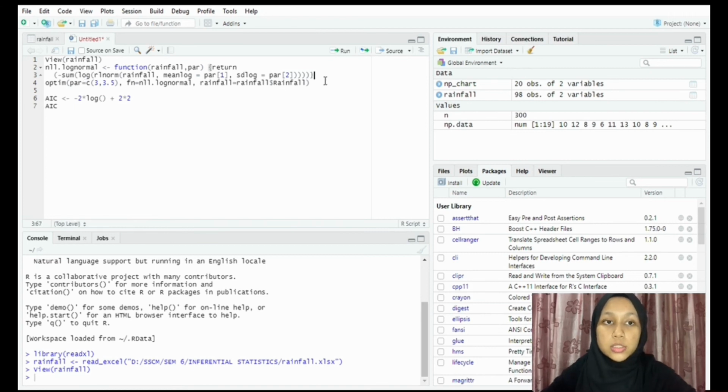Next, in order to optimize the log likelihood function, I use the command optim.